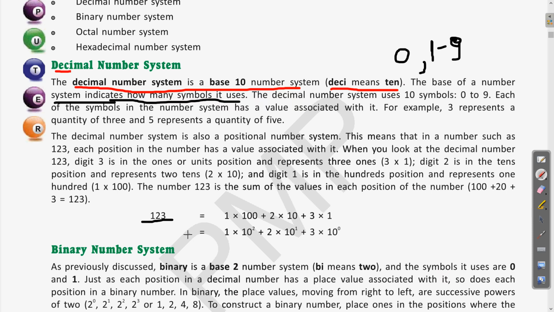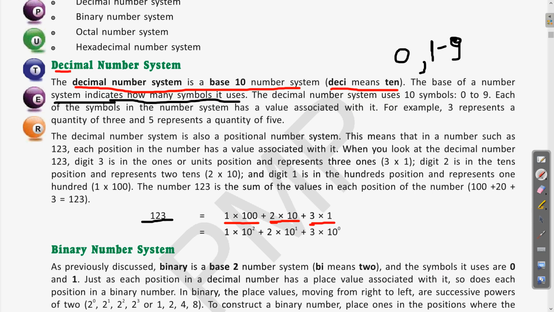So the 3 is at the unit place, so its value is 3 into 1. Then the 2 is 10 times of this, so it is 2 into 10. Each digit is multiplied with its place value. Then the 1 is at the 100 position, so we multiply 1 with 100.